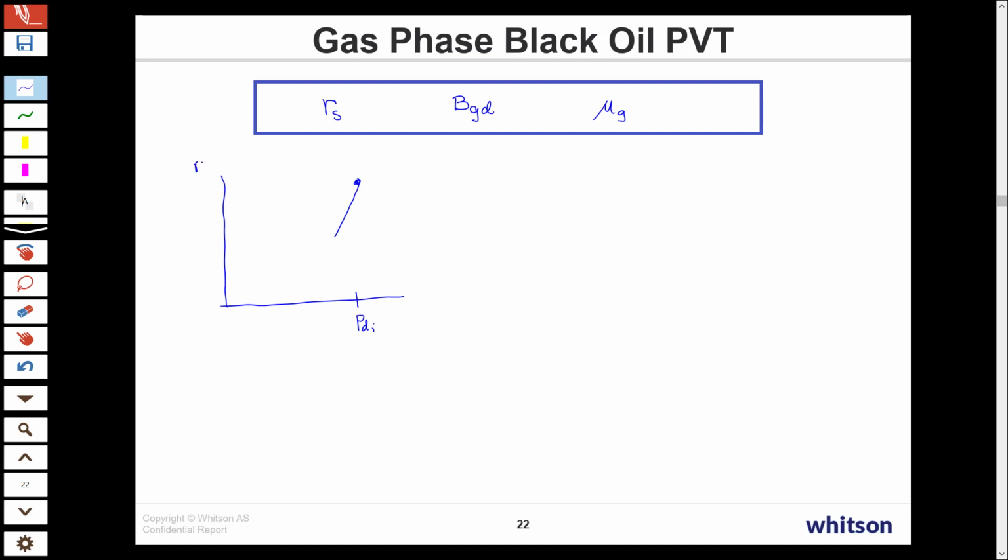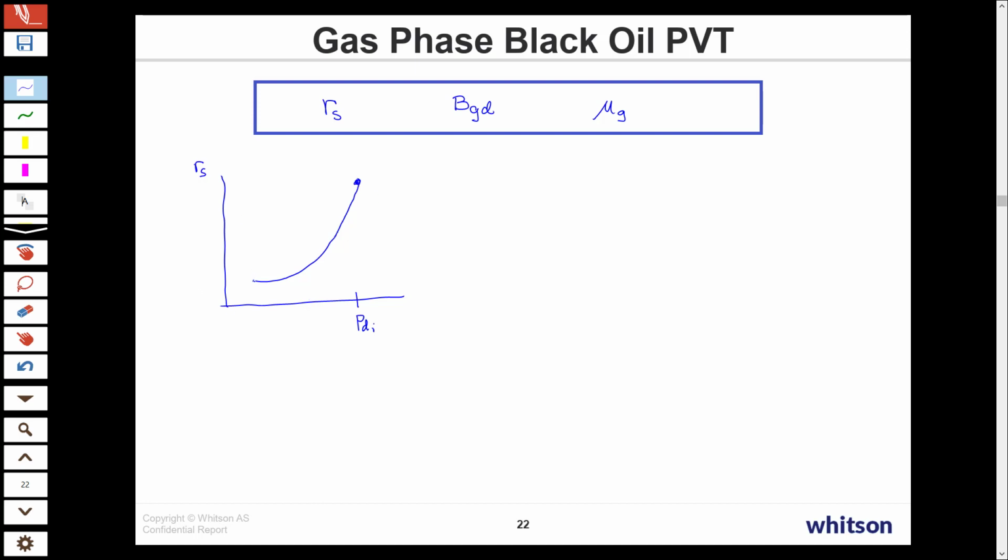This is a little RS. It's going to drop down, usually rather dramatically, and flatten out a little bit. In the relevant ranges of pressure that you normally see in the reservoir, it's basically monotonically decreasing.